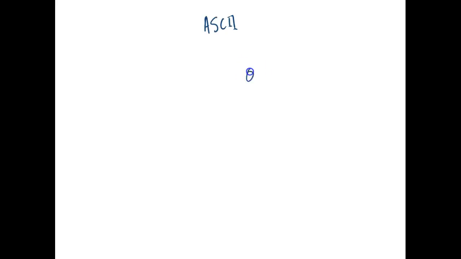So I would send some ASCII code. This would be ASCII, this is not binary. This bit right here was the parity bit. What can I do with 1 bit?